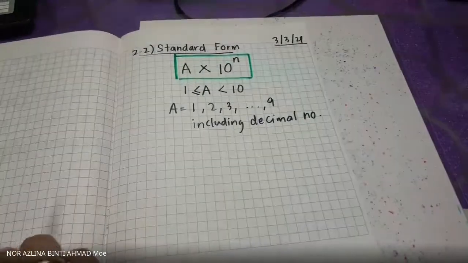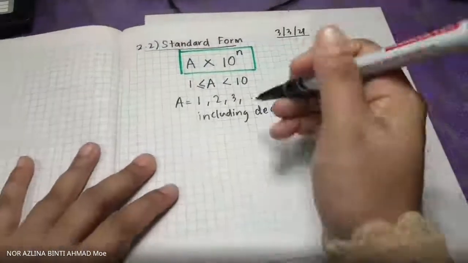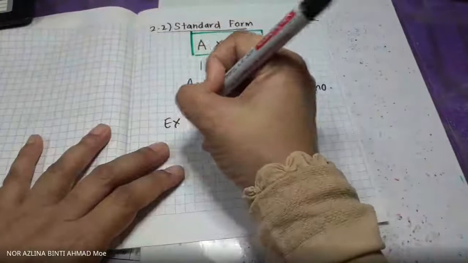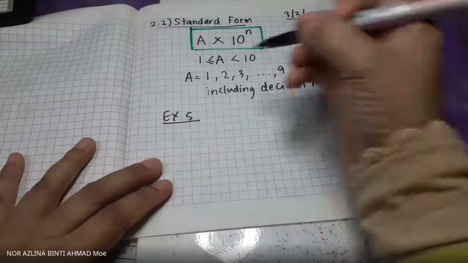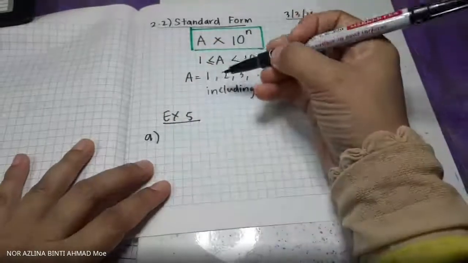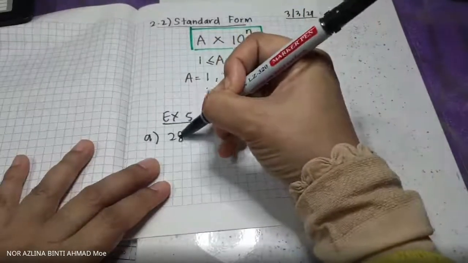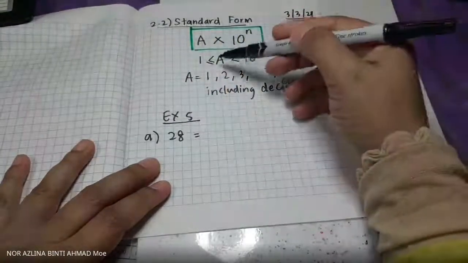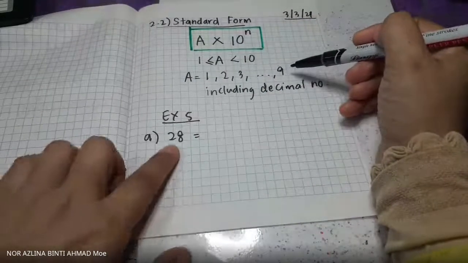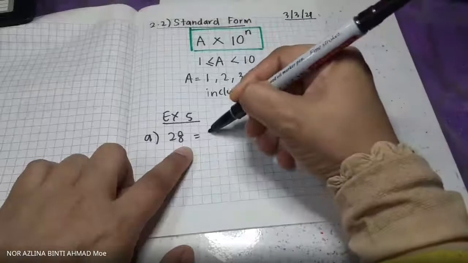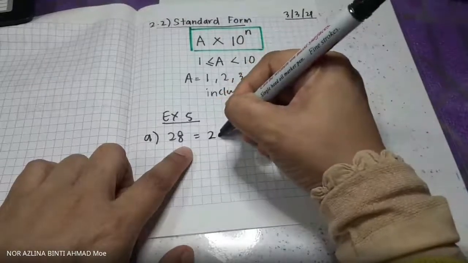Example 5. Write the following single numbers in standard form. We have 28. Okay. We want the value of A from 1 until 9 only. So we change 28 become 2.8.